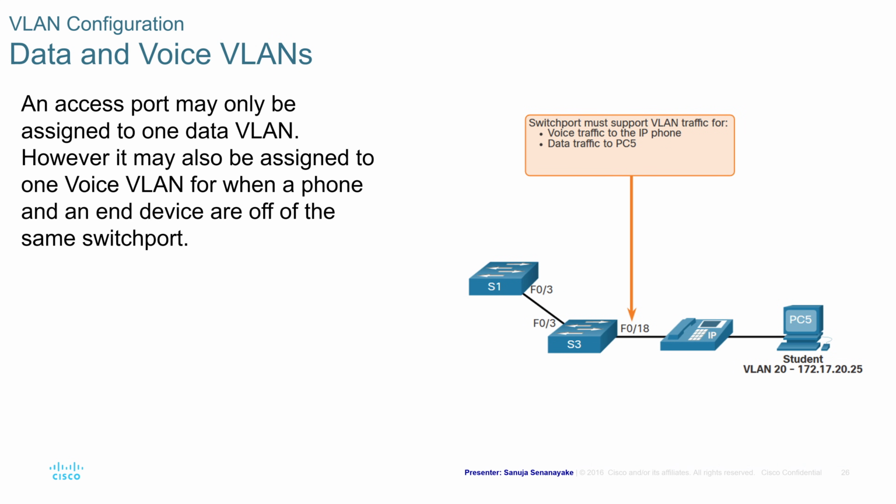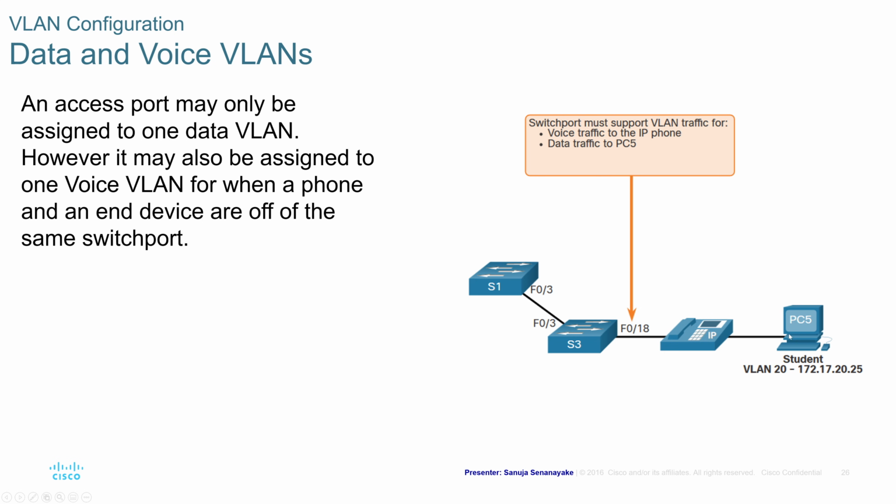Data and voice VLANs. An access port may only be assigned to one data VLAN. However, it may also be assigned to one voice VLAN for when a phone and an end device are off of the same switch port.